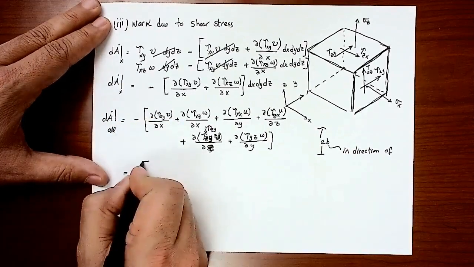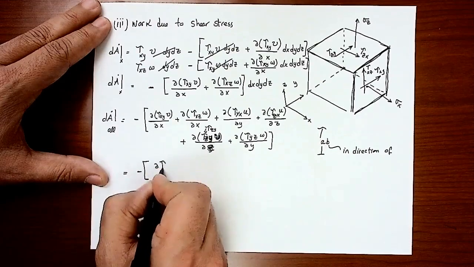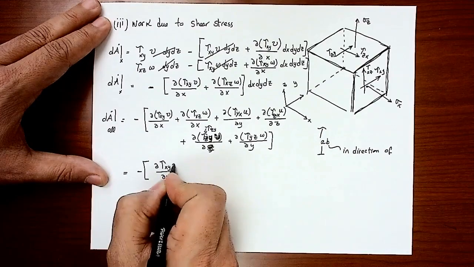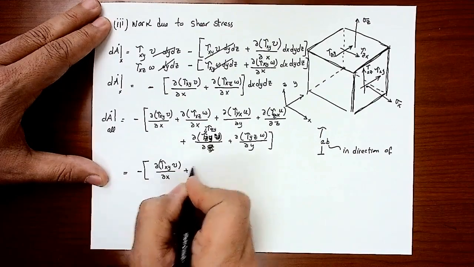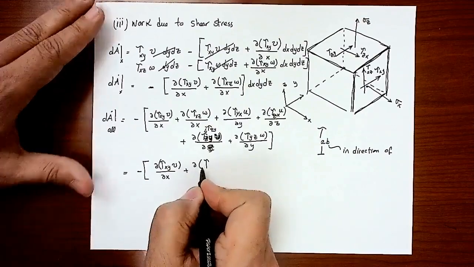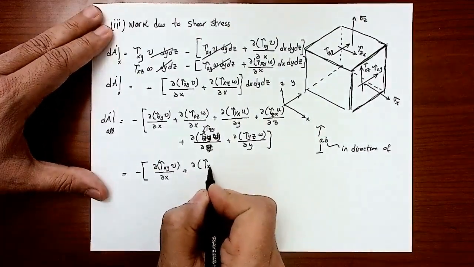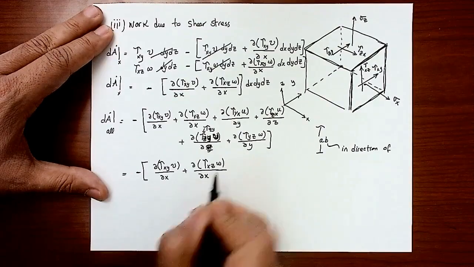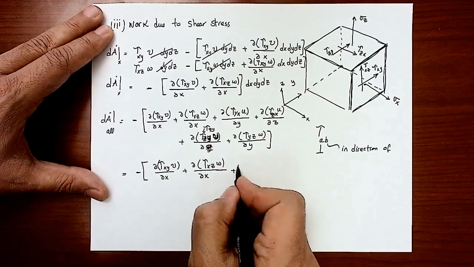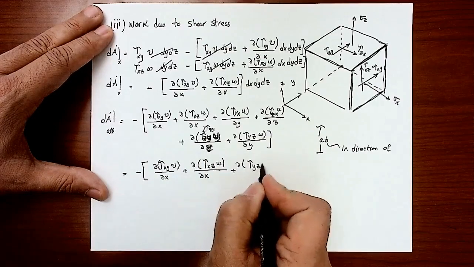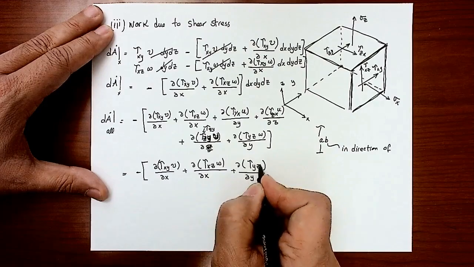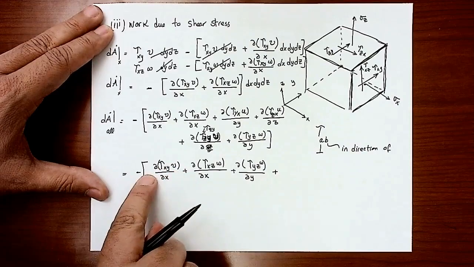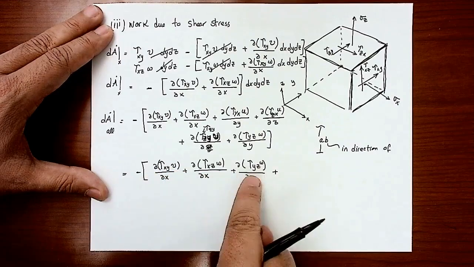So let me write that again in a clear way. I have partial tau xy. It's the variation in the x, and the velocity component is v, plus partial tau xz. This will be partial x times w. So I got xy, xz. The third one will be yz. So it's variation relative to y and multiplied by omega because it's in the direction of z, plus you flip xy to become yx, xz becomes zx, and yz becomes zy.